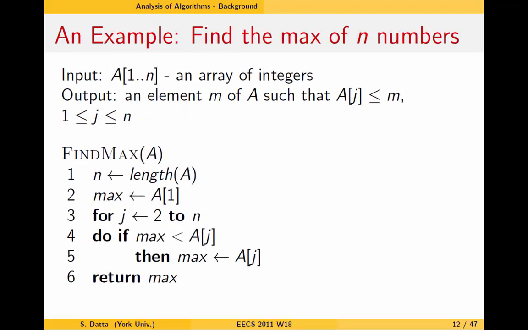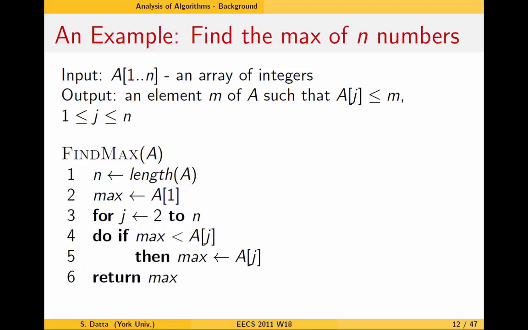Here is the first example of pseudocode, and you can see there's some indentation and so on. This is one of the simplest algorithms you can think about that uses a for loop. It finds the max of n numbers. Line 2 makes the first element the max.